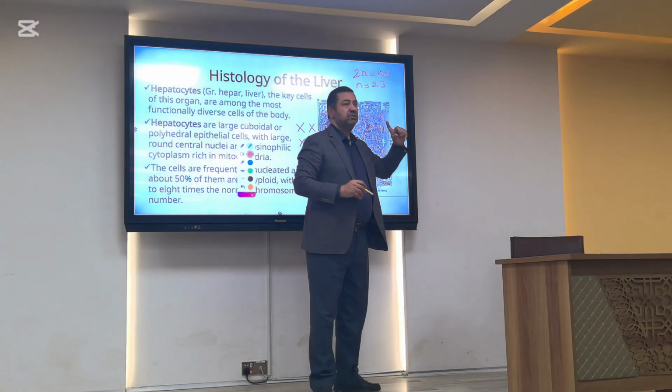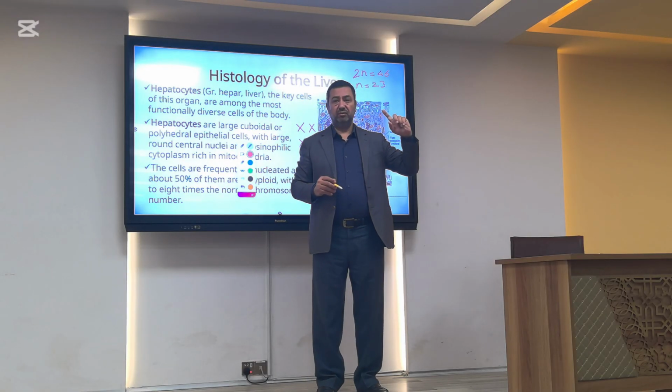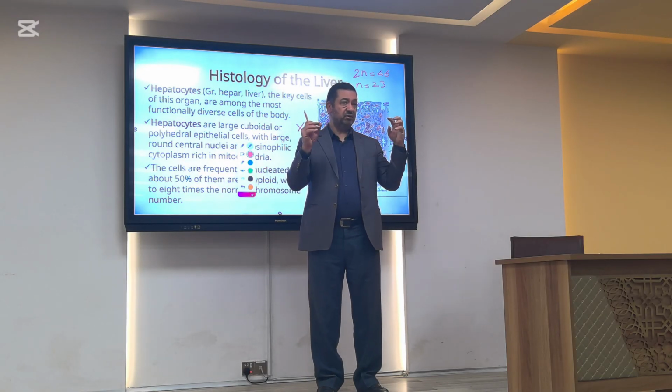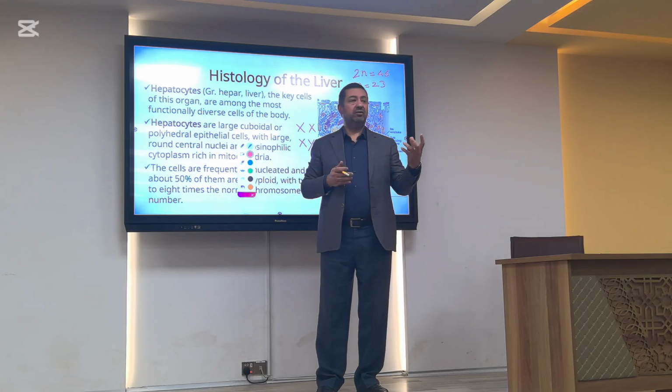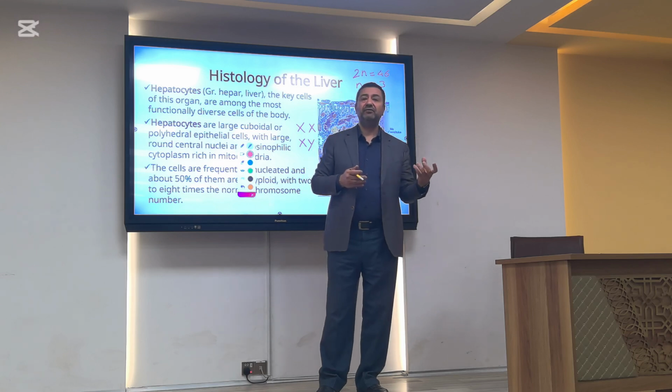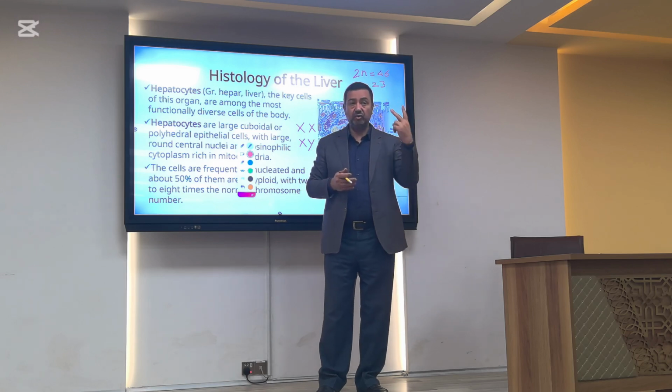23 chromosomes are a set, okay? And in normal condition, our cells have 2n chromosomes.